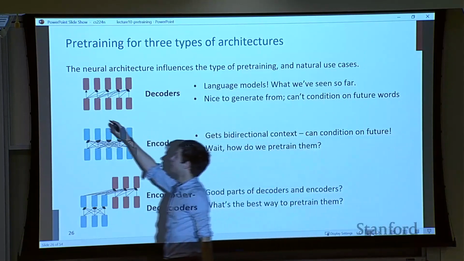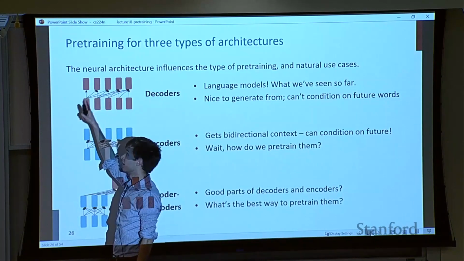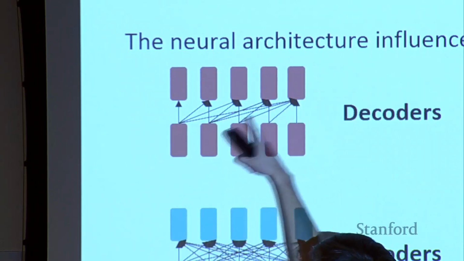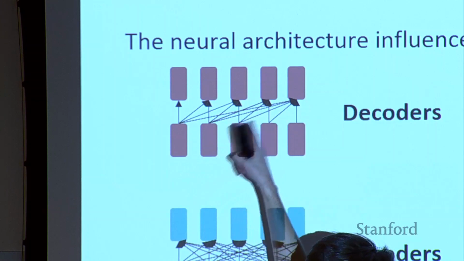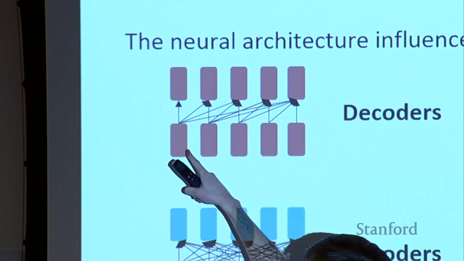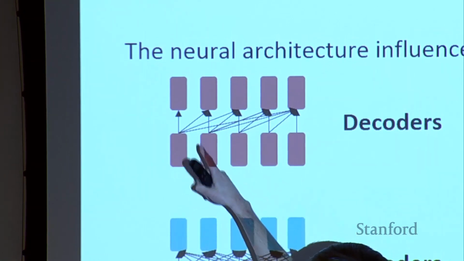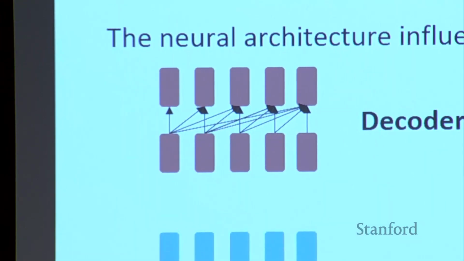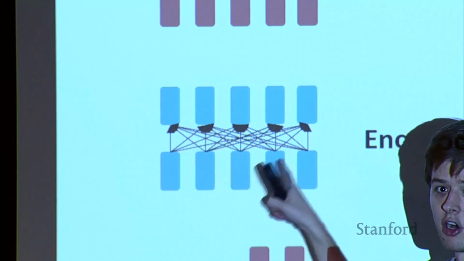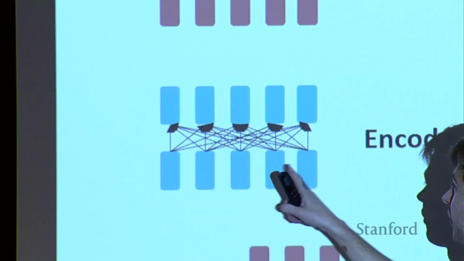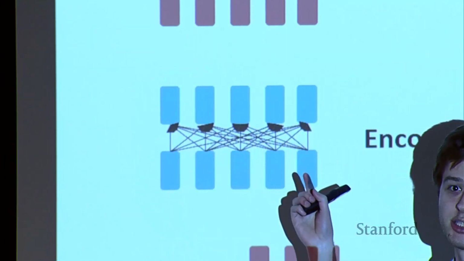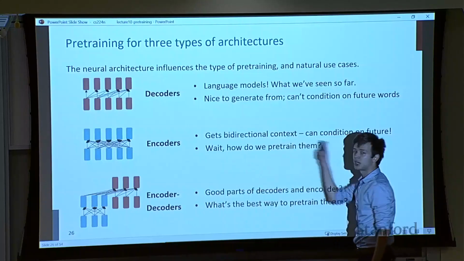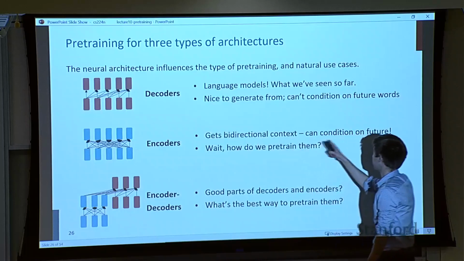If you can see how the arrows are pointing here, the arrows are pointing up and to the right. So this word is looking back at its past history, but this word can't contextualize with the future. Whereas in the encoder block here in blue, just below it, you have all pairs of interactions. And so when you're building representations, it can be super useful to know what the future words are. So that's what encoders get you, right? You get bidirectional context, so you can condition on the future.